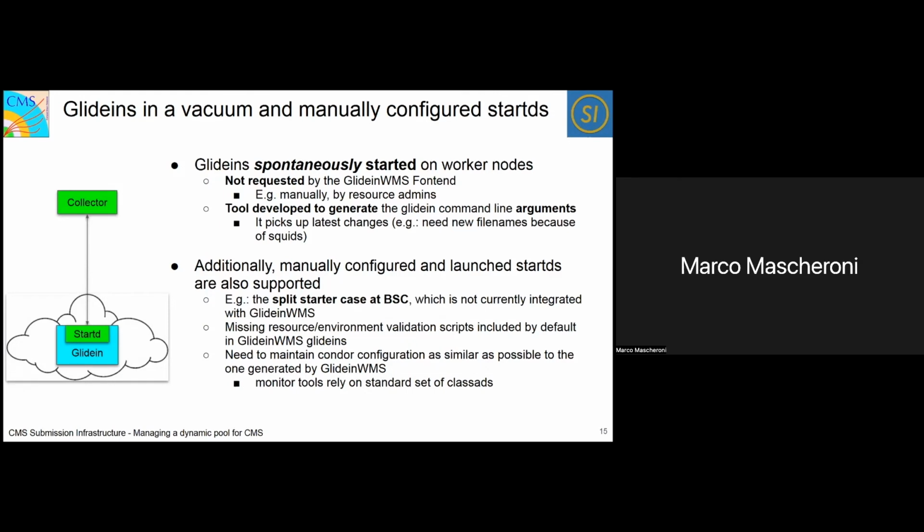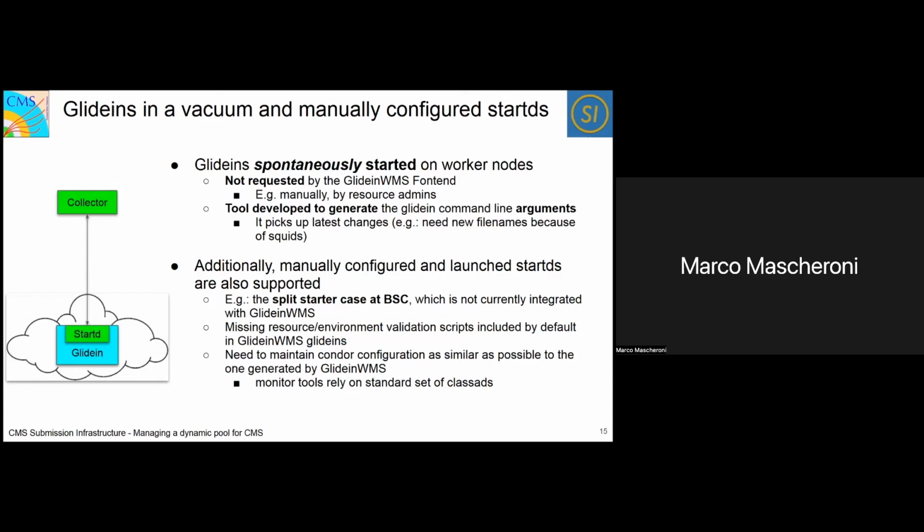Additionally, on some sites it's not possible to reuse this framework, but we still launch plain StartDs. One of the examples is the split StartD case at BSC, because split StartDs are not supported yet in glideinWMS.